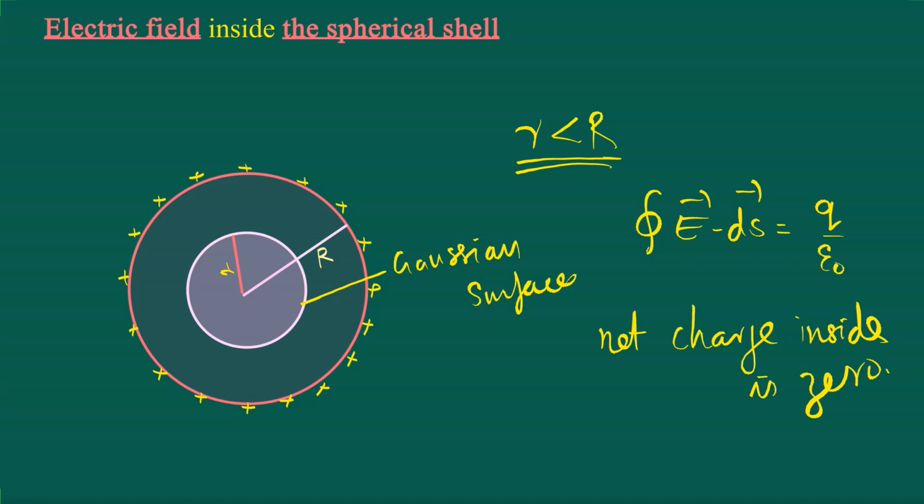So we can write integral E dot ds is equal to 0, or electric field is equal to 0, because there is no net charge inside the Gaussian surface. The charge is distributed outside the Gaussian surface only. So net charge becomes 0, so electric field is equal to 0.